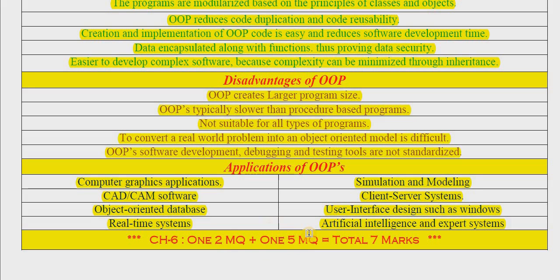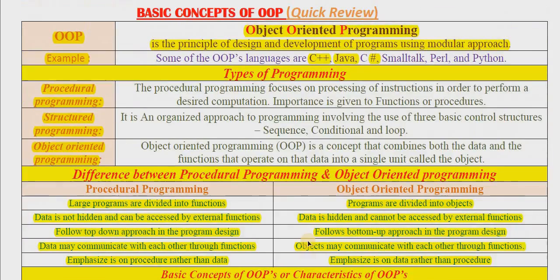I have given notes covering just 1 page, and from this 1 page you will get 7 marks in the examination. So try to read and remember these points. This is a very small chapter. You will get definite questions.